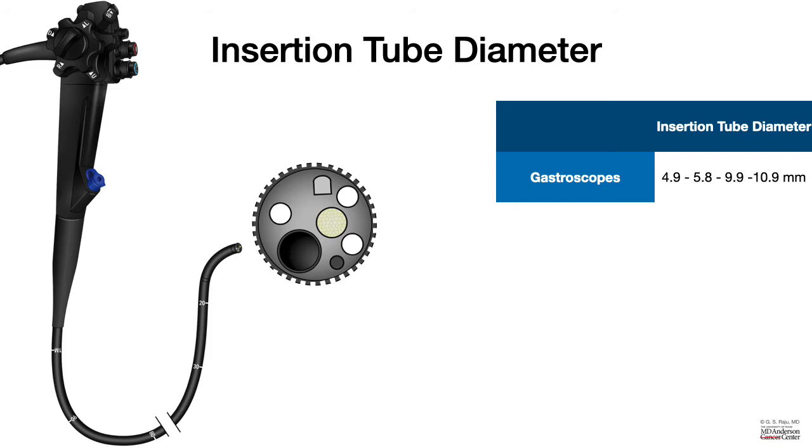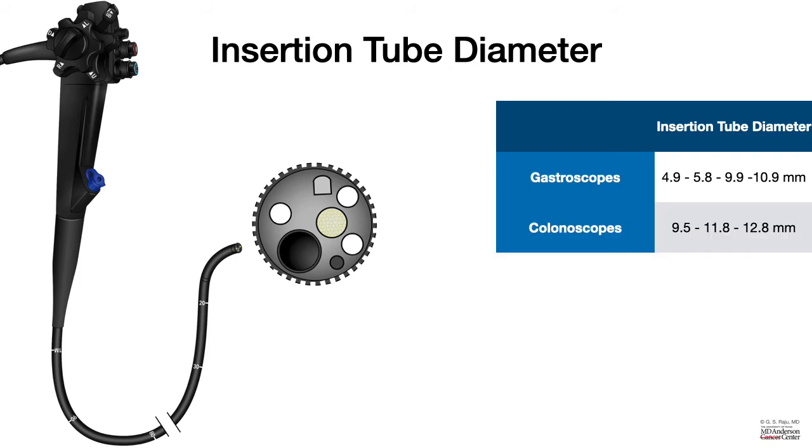In between there are a couple more sizes, 5.8 and 9.9. For colonoscopes, again there are three different sizes. Slim is 9.5, pediatric is 11.8, and adult colonoscope is 12.8 millimeters.